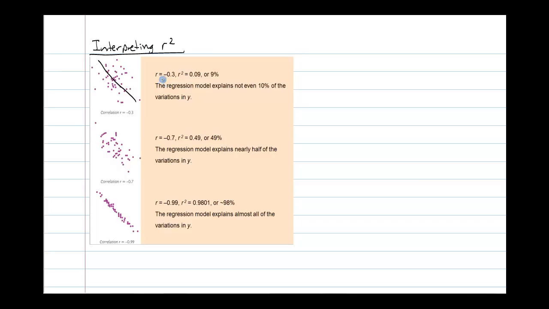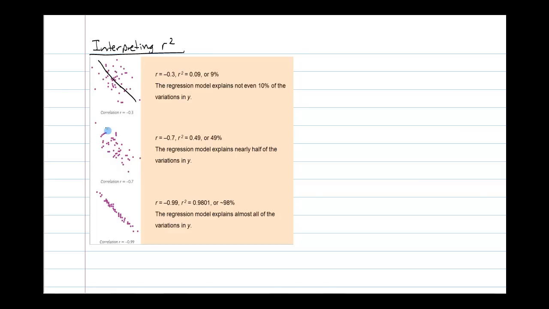Because our correlation coefficient is negative 0.3, r squared will be positive 0.09, and we usually express it as a percentage. So basically the regression model explains not even 10% of the variations in y. So our regression model is not very good, and the reason is that we don't have a very strong association between these two variables.